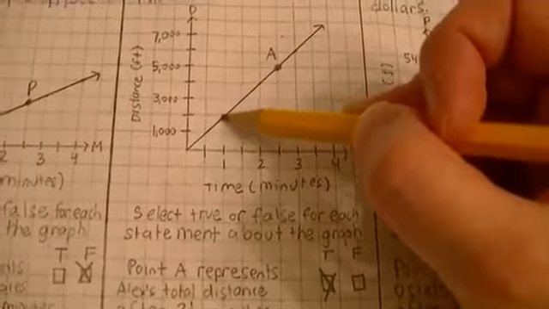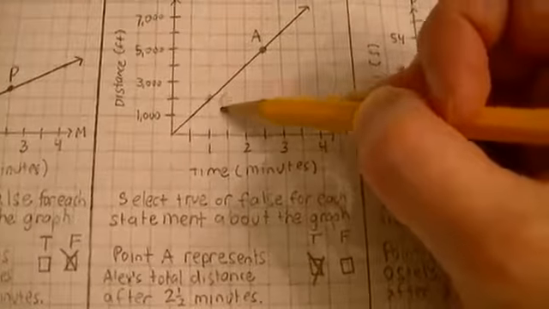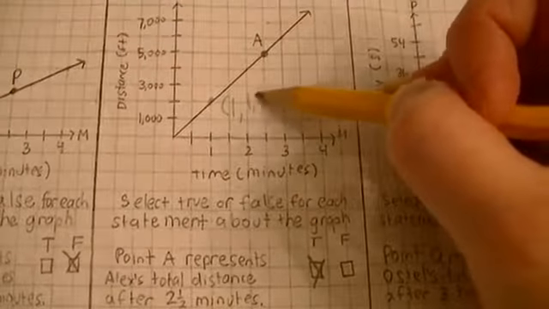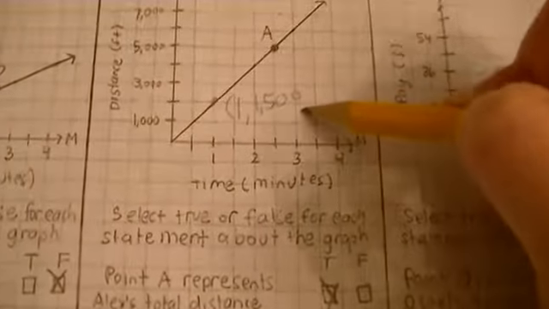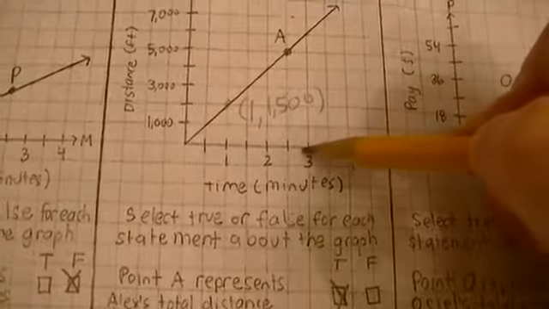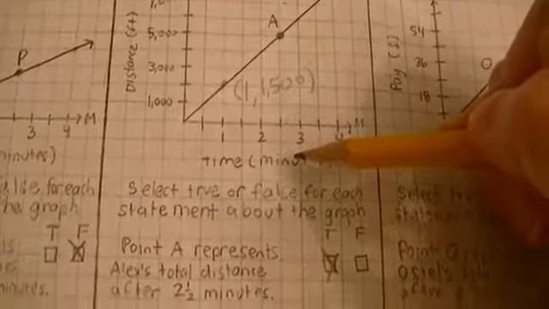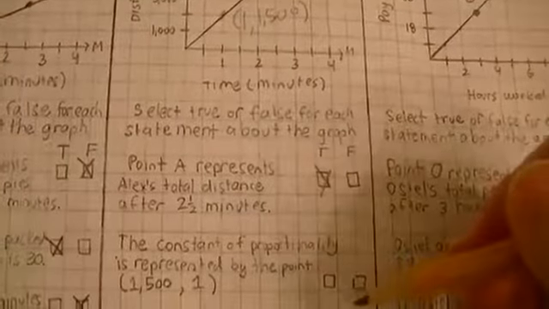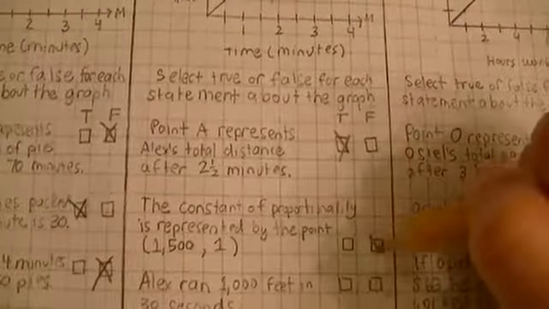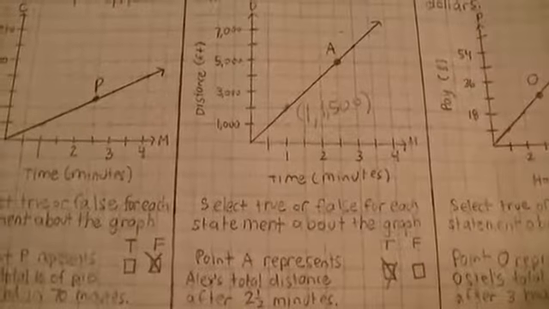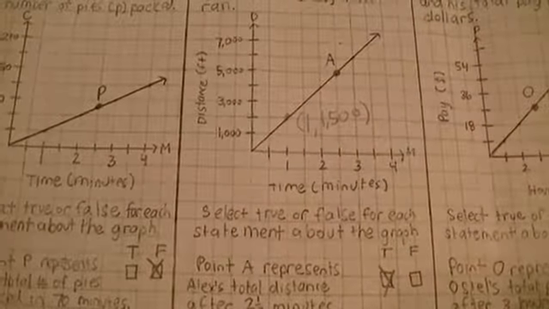But the ordered pair that represents that unit rate is actually not 1,500.